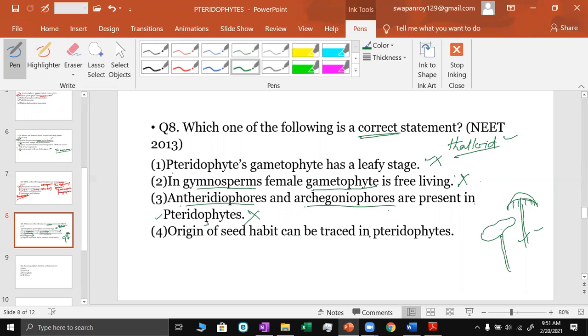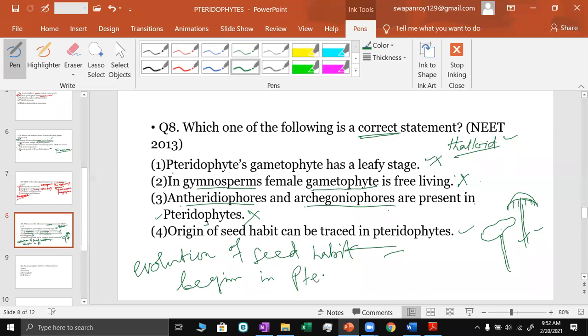Origin of seed habit can be traced in pteridophytes. Yes, we have learned that the evolution of seed habit begins in pteridophyte with the origin of heterospory.